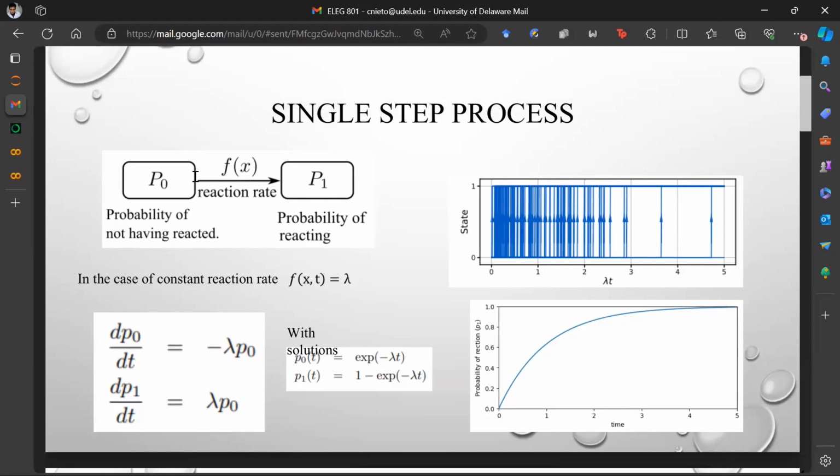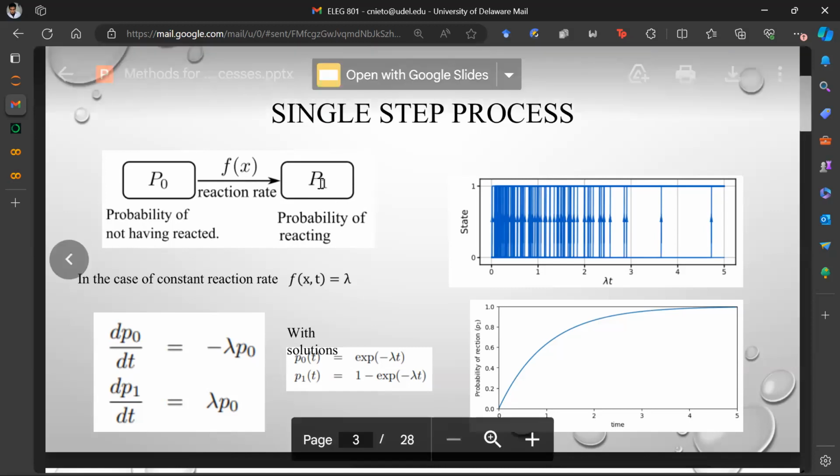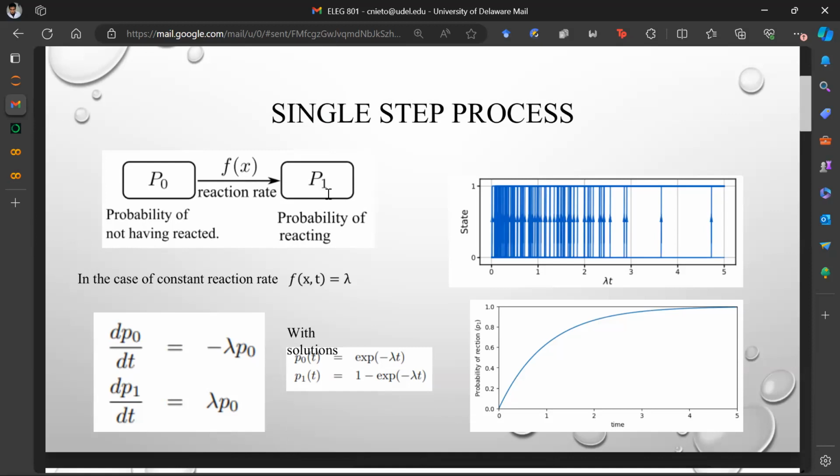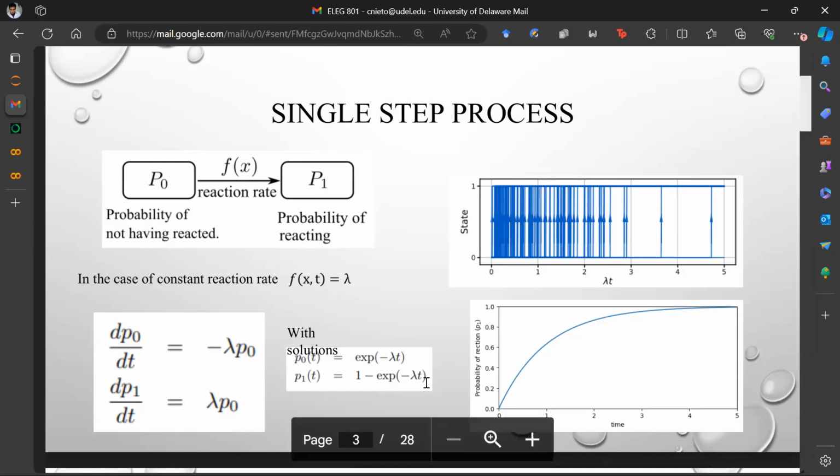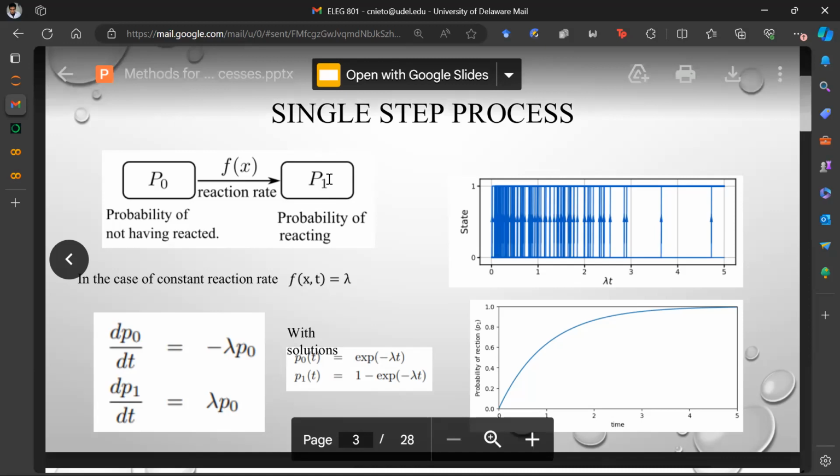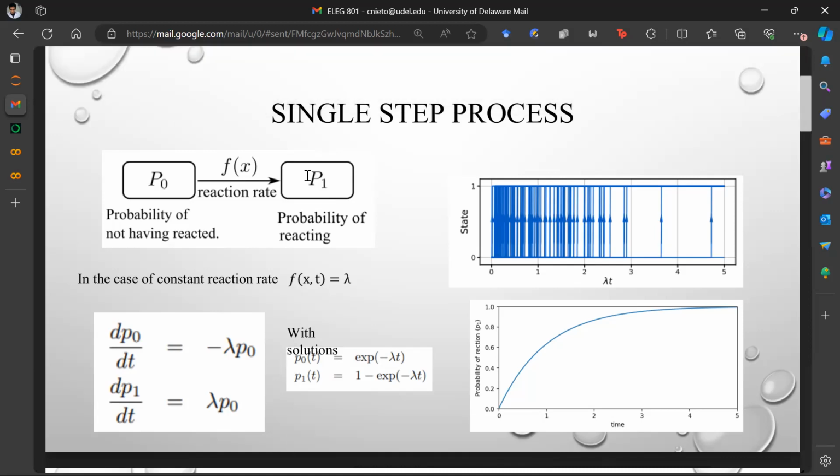So if we start with no molecules, the probability of not having the molecule is 1 at time 0. And we want to study how the probability of having reacted evolves over time. We expect the probability is going to be 1 when time goes to infinity.